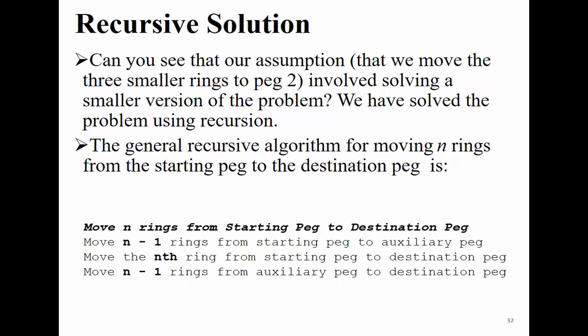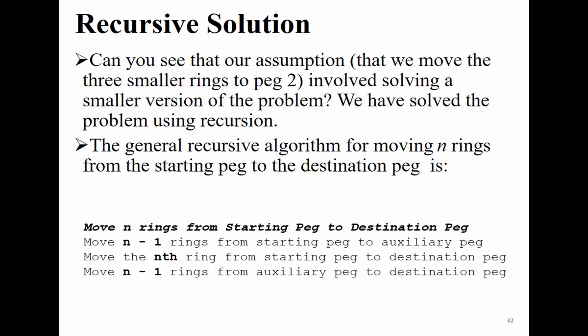You have a task to move n rings from the starting peg to the destination peg. Let us assume we can move n minus 1 rings from the starting one to the auxiliary one. Then the next move will be moving the nth ring from the starting one to the destination. Then the remaining task for us is to move n minus 1 from the auxiliary to the destination.